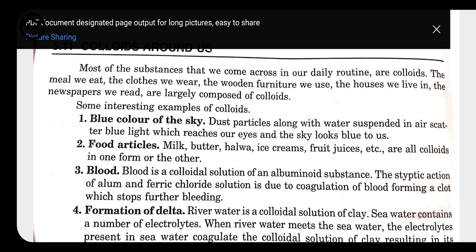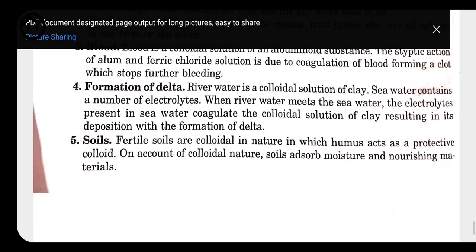When light falls on the dust particles in the air, it is scattered into different colors, because of which we see the blue color of the sky. Food articles like milk, butter, halwa, ice cream and fruit juices are all colloids in one form or another. So these are many applications.